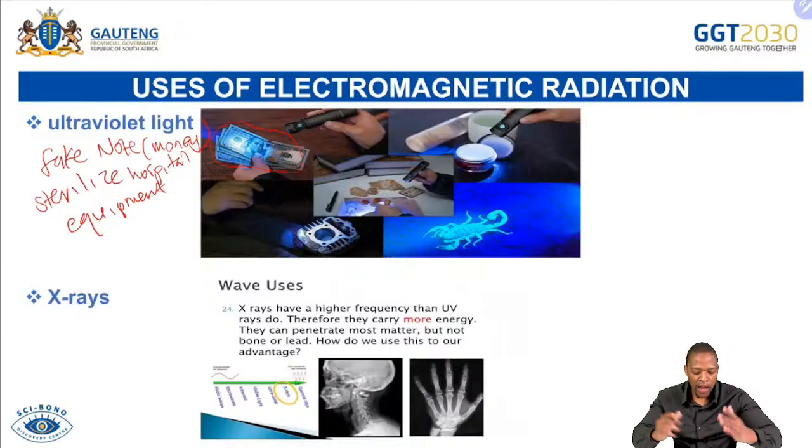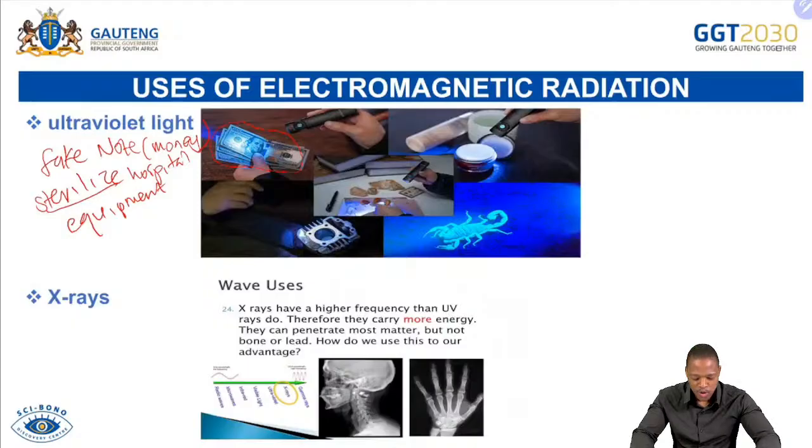I'm thinking of this one right now. It's not even part of my picture. That's why I was saying there are a lot of uses that I am not counting here. I personally learned last week that ultraviolet light is used when people are doing bath and shine in the salons.